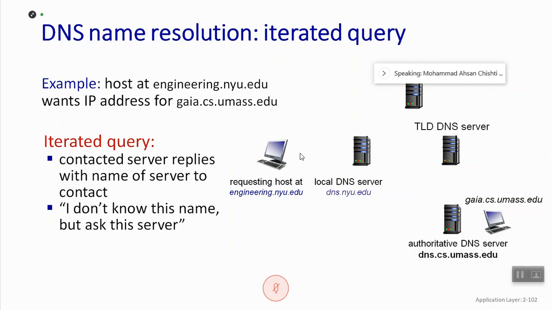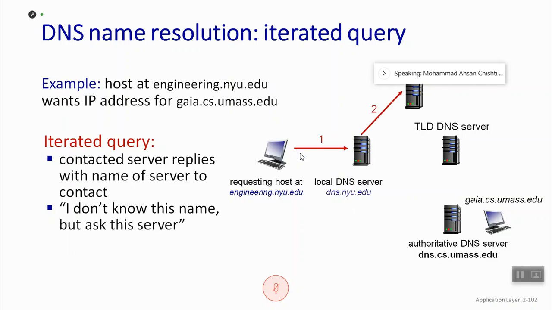Next, you want to go to a website. Let's say there is an example given here: engineering.nyu.edu wants an IP address for gaia.cs.umass.edu. So what would be the steps that it would do? The host would first request the local DNS server for the IP address of it.